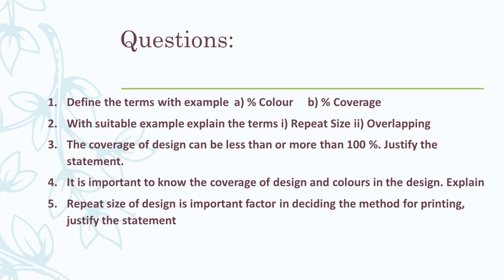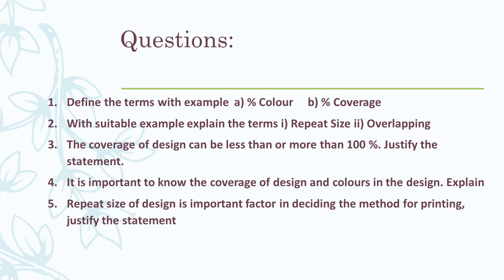So I hope these 5 terms are clear to you: percent color, percent coverage, repeat size, overlapping and blotches. Based on this topic, a few questions can be asked frequently. Very first is, define the terms with example: percent color, percent coverage. Second is, with suitable example explain the terms repeat size, overlapping.